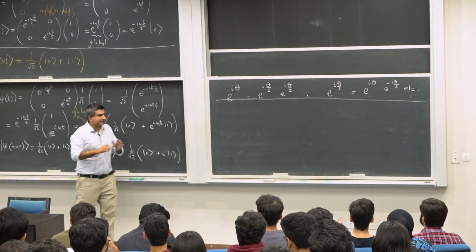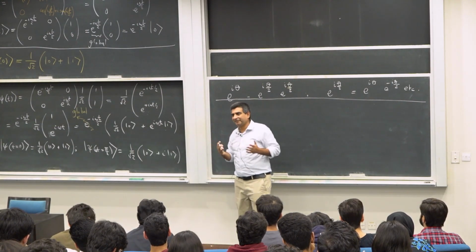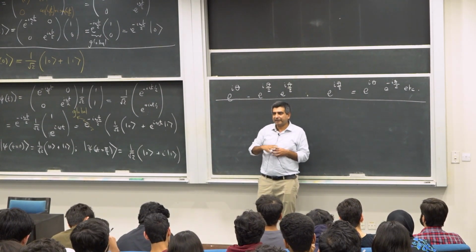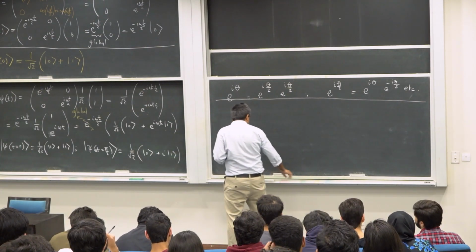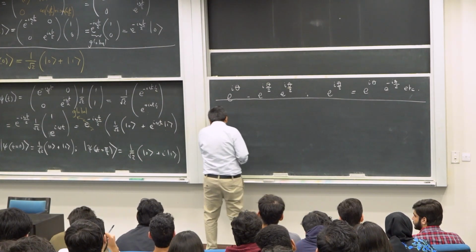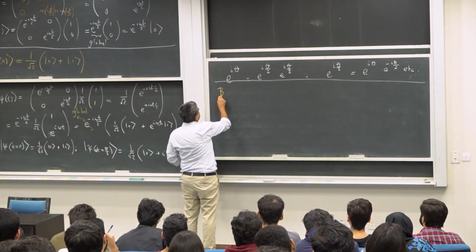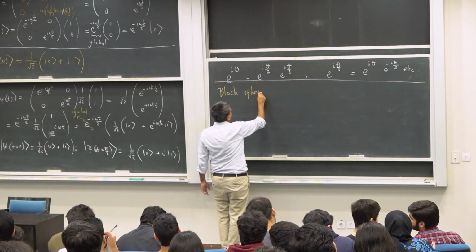I want to depict this evolution of the quantum state graphically, so that things become easier to understand. And the picture which I would like to use is the Bloch sphere. So let me explain the Bloch sphere and putting it all together.